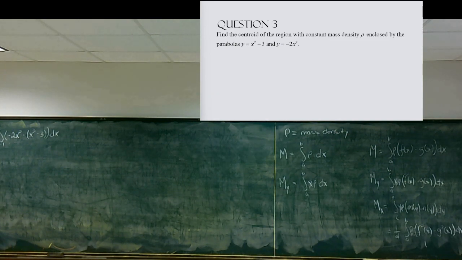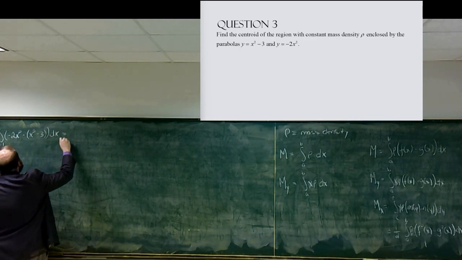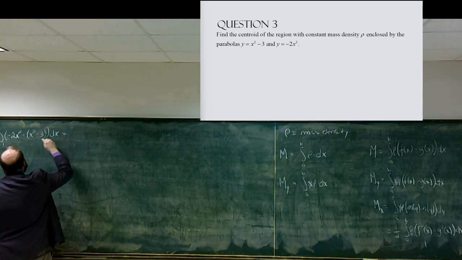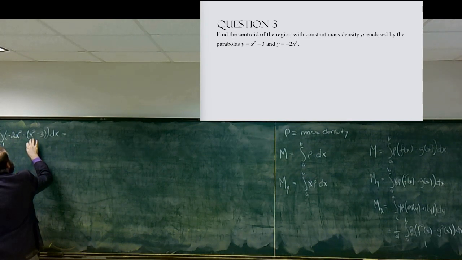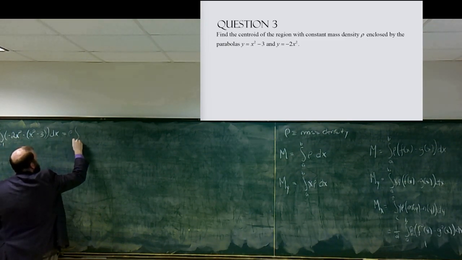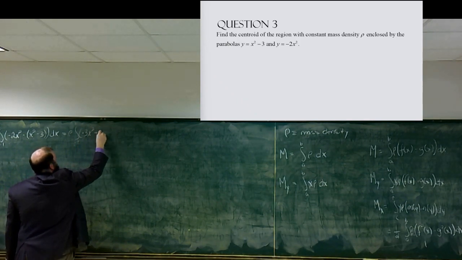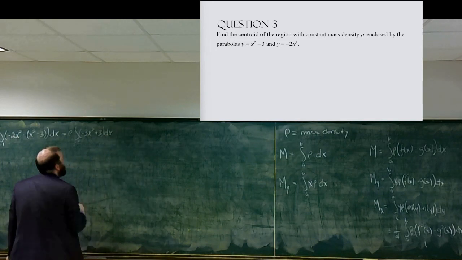So there's the setup for our mass. Simplify that. That'll be negative 3x squared plus 3.